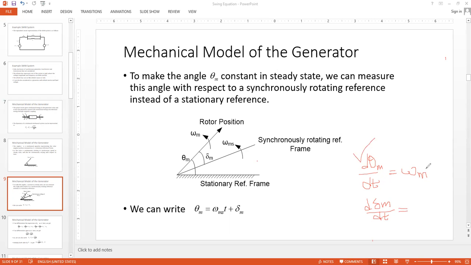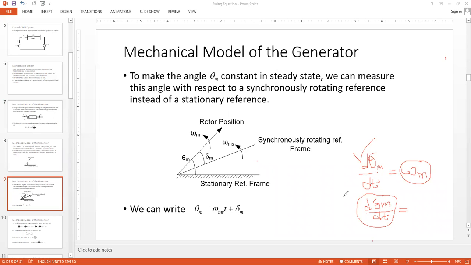This expression will give you some absolute speed. This should give you some relative speed. What should be this relative speed?